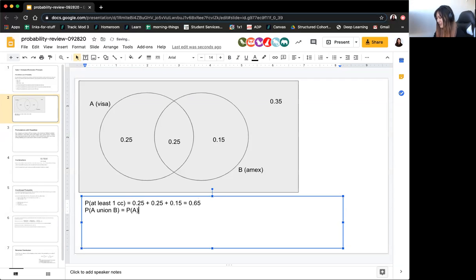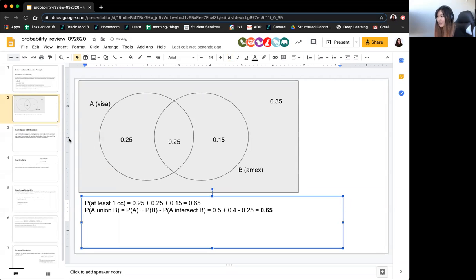The formula is the probability of A plus the probability of B minus the probability of A intersect B. If we fill in the numbers, it comes out to 0.65 as well, because A and B are 0.5 and 0.4, and then we subtract the middle part, which is still 0.25. We end up at 0.65, right? Because this is 90, this is 25, and that ends up at 65. So this is the answer to the first problem.